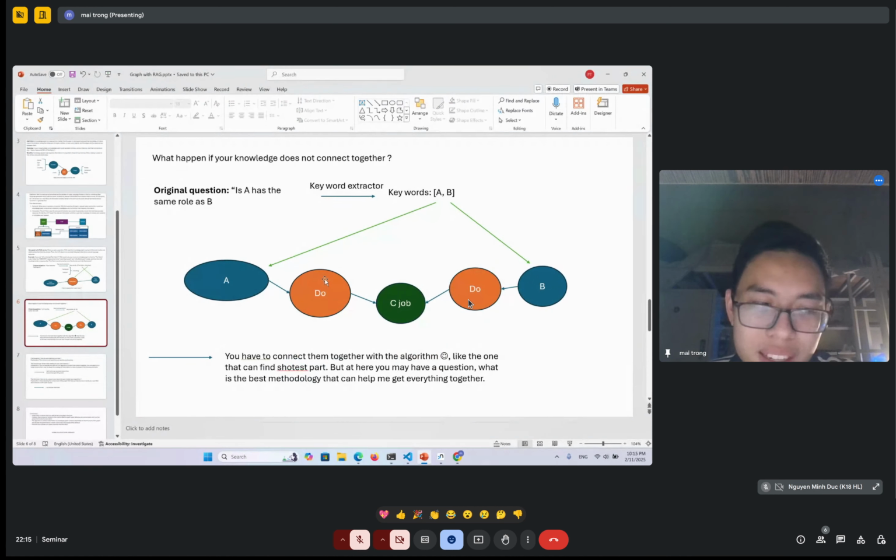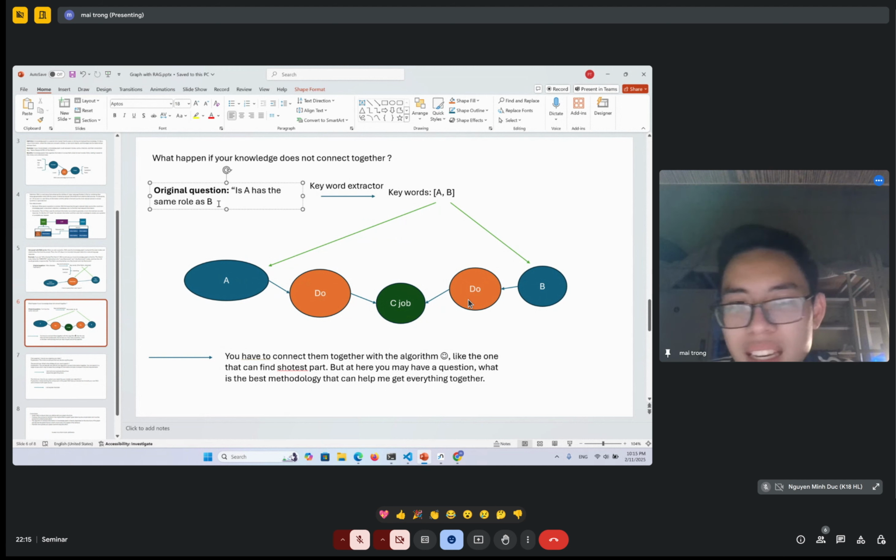What happens if your nodes don't connect directly together? For example, I have this original question: does A have the same role as B? And of course, the keywords are maybe A, B, and maybe role or something like that.